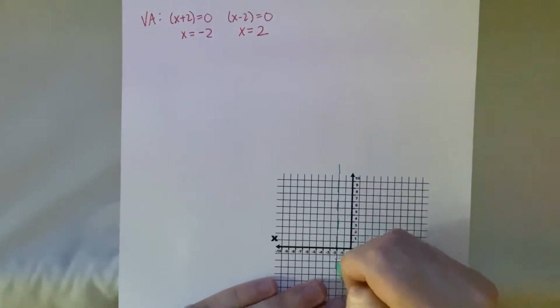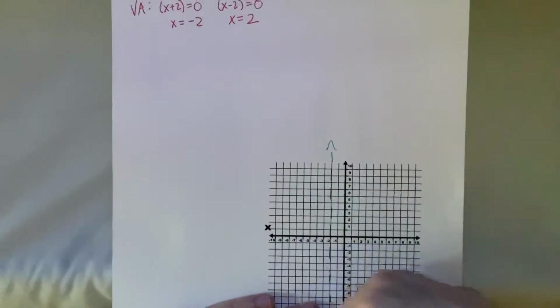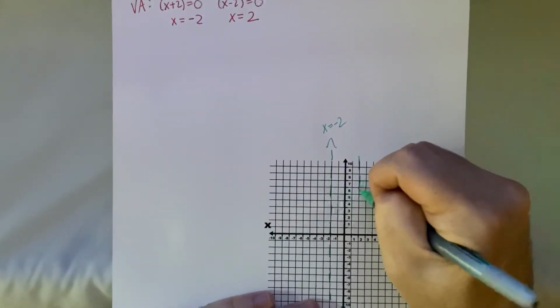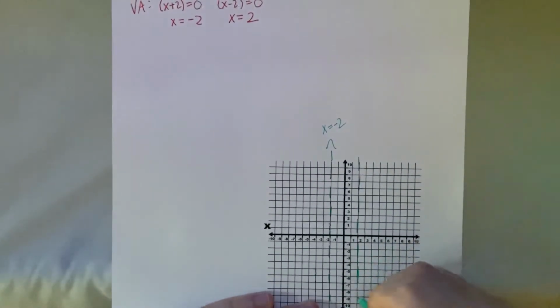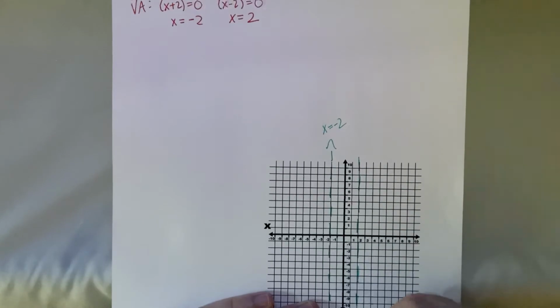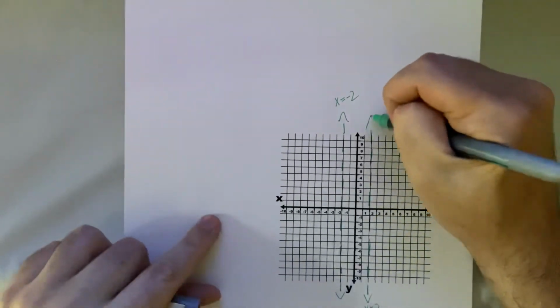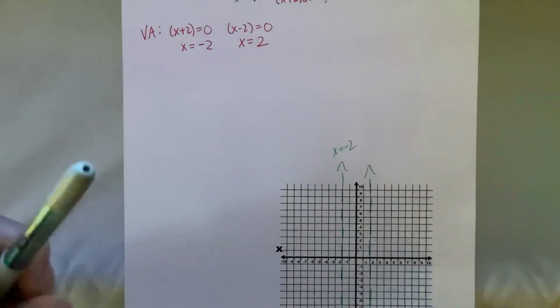So we draw our vertical asymptotes at both places. These also represent domain restrictions. Things your x values cannot be, because again, we can't divide by 0.